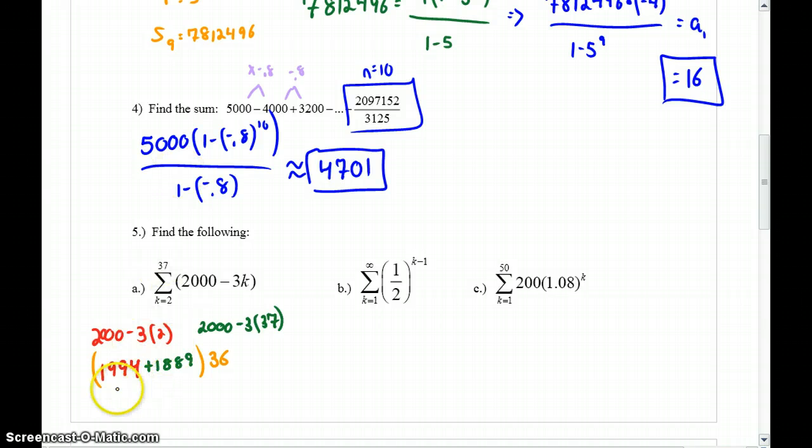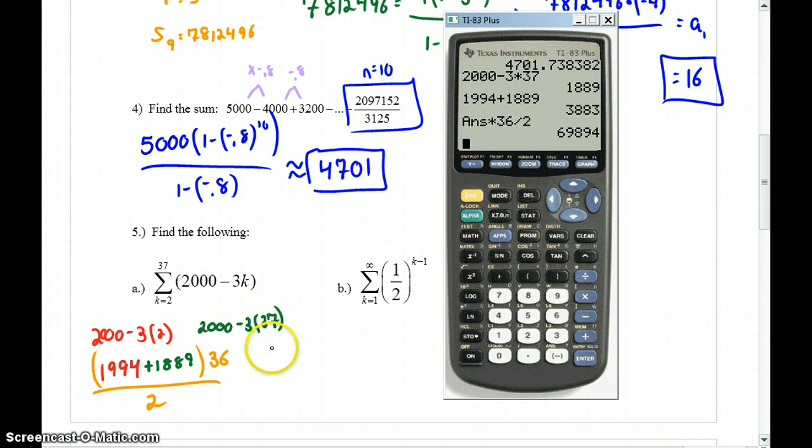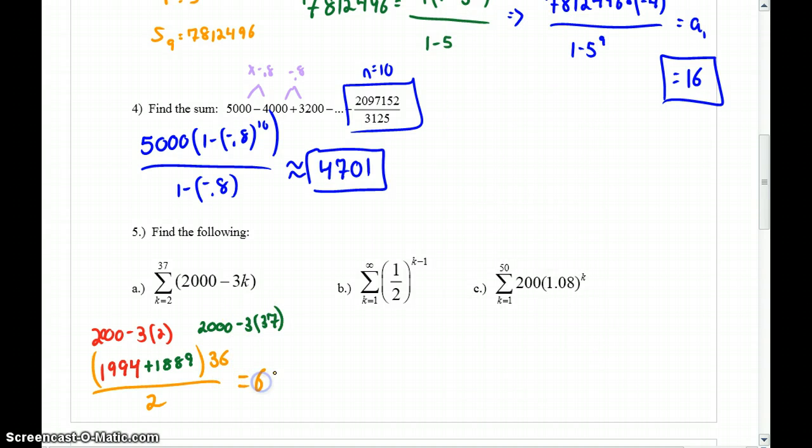I'm starting at 2 though, so there's only 36 terms. So first term plus last term times the number of terms all over 2: 1994 plus 1889 times 36 divided by 2 gets me 69,894. Voila.